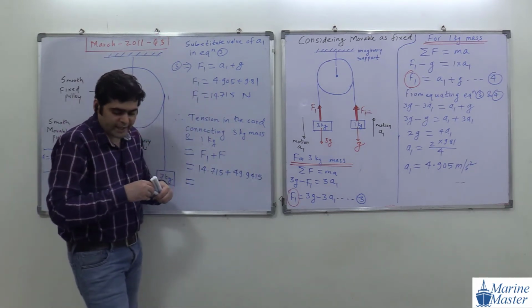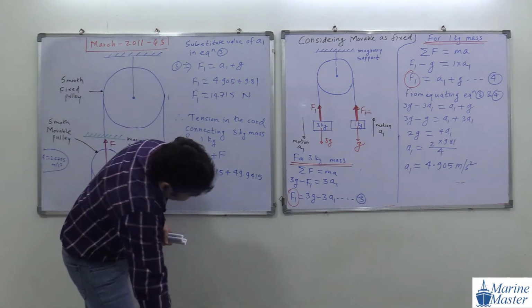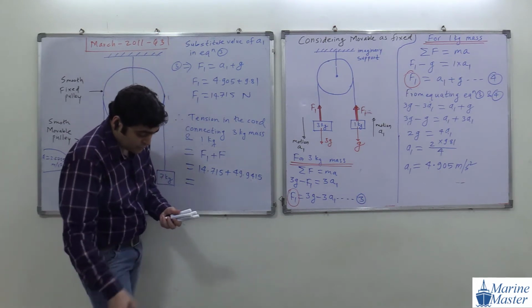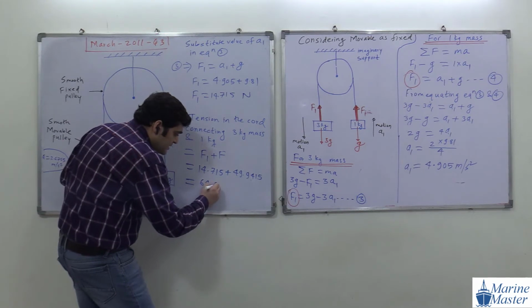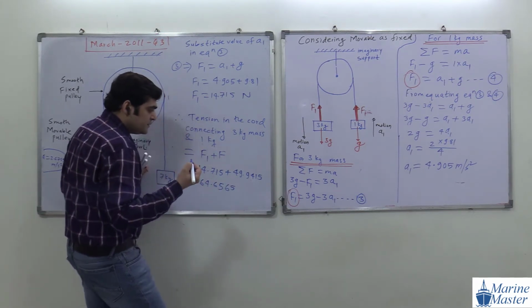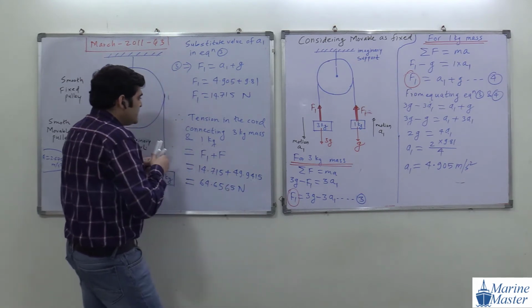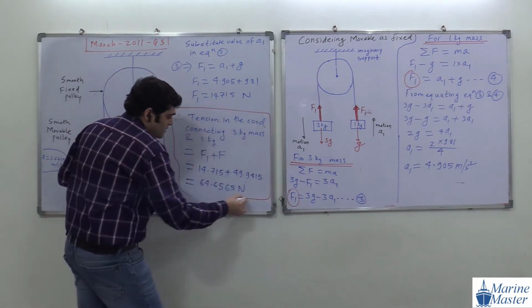So in this way we will get the other answer of the B part. How much? 64.65. Unit, guys? Newton. Why is it Newton? Because tension is a force. So this is another answer of our B part.